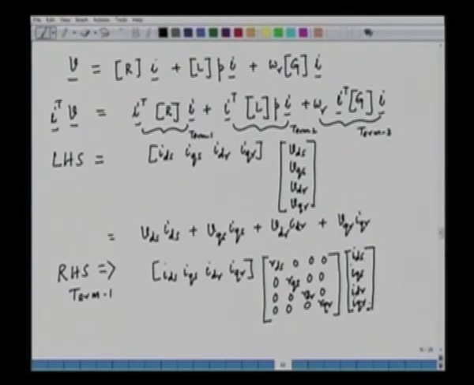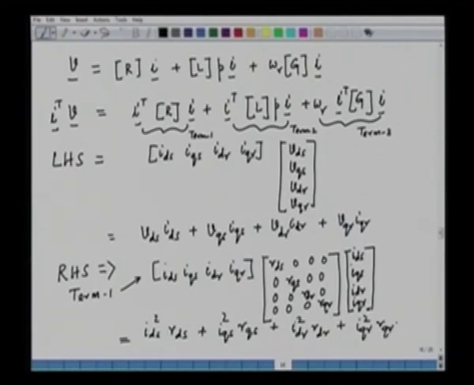Now, if we simplify this equation, we can pre-multiply and post-multiply these currents with the matrix and then simplify. The result of this term 1 is IDS square into RDS plus IQS square RQS plus IDR square RDR plus IQR square RQR.